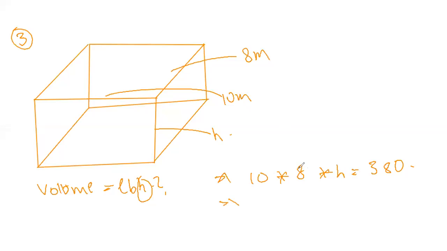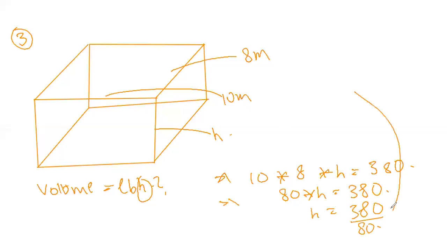So 10 8s are 80, 80 into H is equal to 380, and then finally H is equal to 380 divided by 80 by simple linear equation, and this will be equal to 4.75 meters. So this will be a final answer.